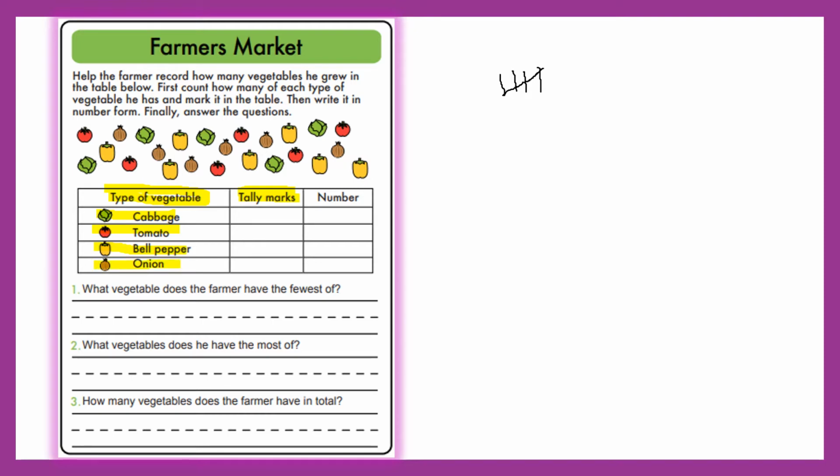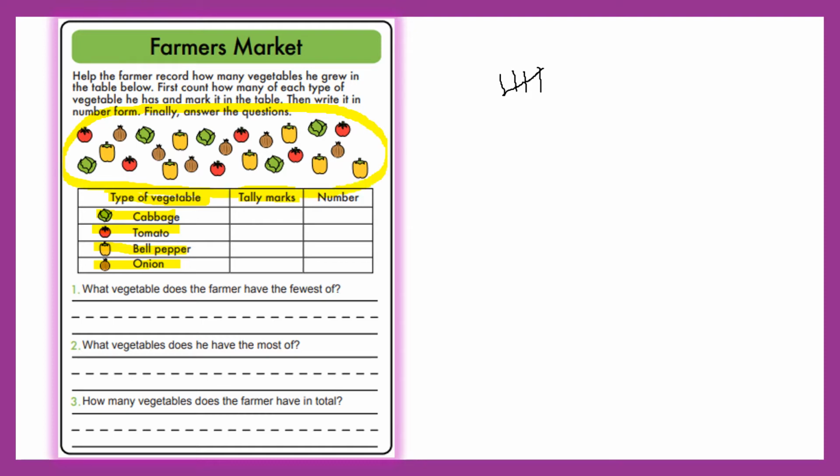Okay, so what we're going to do is go back up into the group of vegetables that the farmer has, right up in there that I just circled.